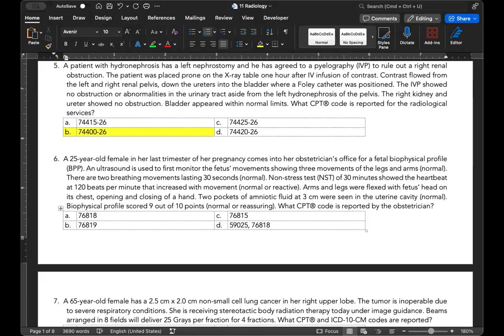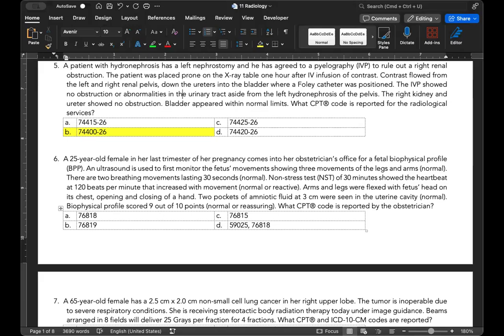Okay. But again, that's why you always want to make sure that you confirm your codes in the tabular or up in the actual code set just to make sure that you have the correct code. So yes, Sylvia, your 76818 and 76819, if you are looking at fetal biophysical profile or fetal testing ultrasound biophysical profile. So it takes you to those 2 codes specifically.